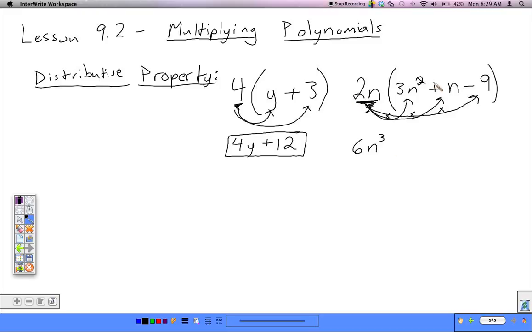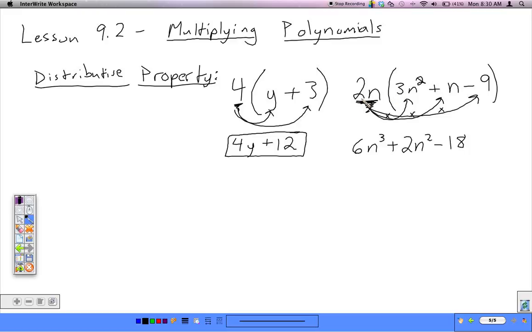So we have a positive times a positive next in the multiplication for the distributive property. 2 times 1 is 2. N times n is n squared. And then I have 2n times my last term, which is a negative 9. That's a positive times a negative, results in a negative. 2 times 9 is 18.